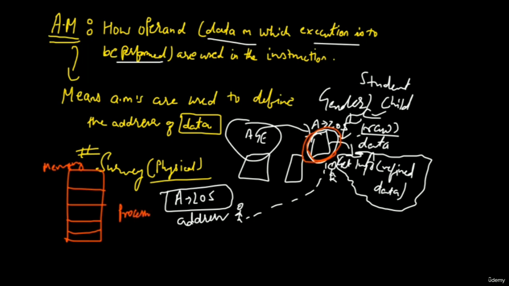When a processor, you can call it IC, but I'm calling it processor for ease, is commanded to find, in this case A205, I'm writing a random address here, it will go to address A205, and whatever data you have in that address, like in this case let's say we have data 123, it will give us as the output when we try to read it. So that's the way it works. I hope you understood the concept of addressing mode.